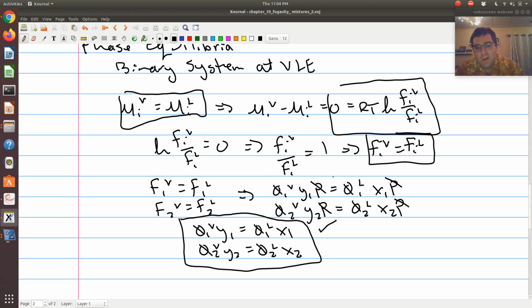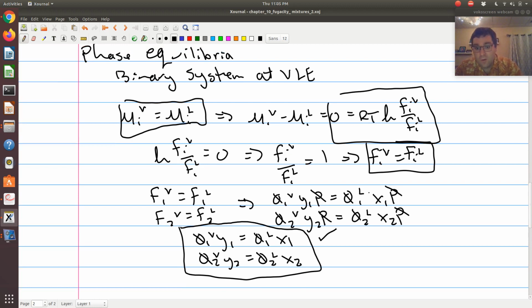But typically, expanding our liquid phase fugacity with respect to an ideal gas isn't always the best. It works when we're working with a cubic equation of state, which has issues due to mixing rules. And so in general, we'll adopt as our idealized state an ideal solution, and we'll talk about that later on.